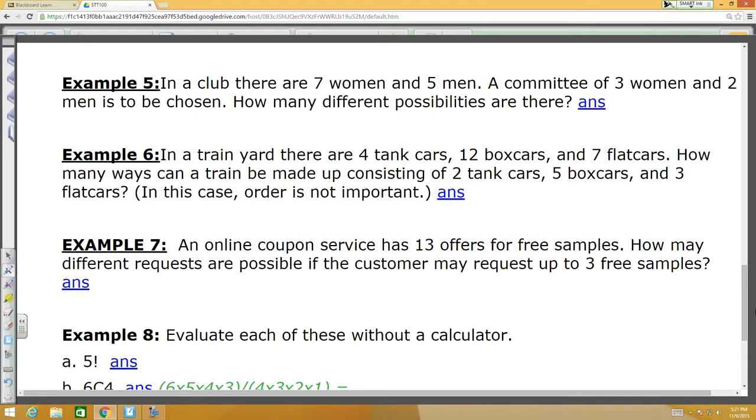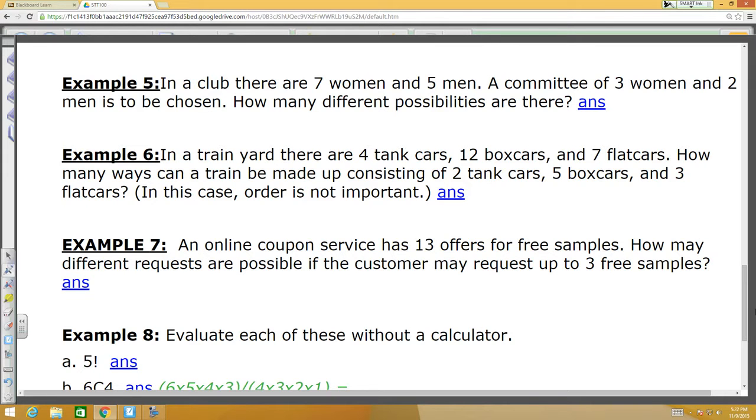Okay, another group of questions. Seven women, 5 men, that's a total of 12. We want to select a committee also, but this time it should be built from 3 women and 2 men.